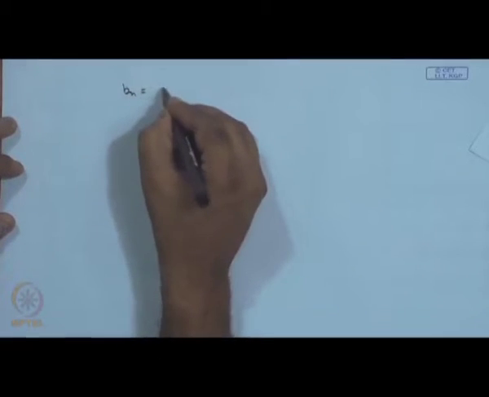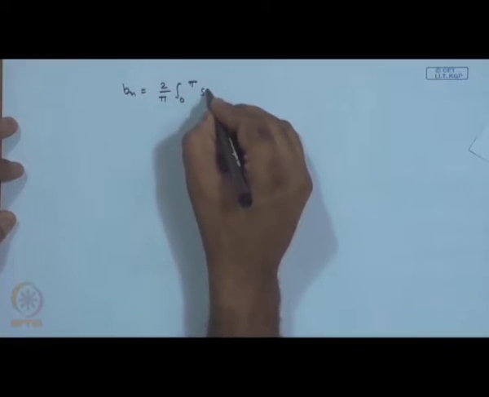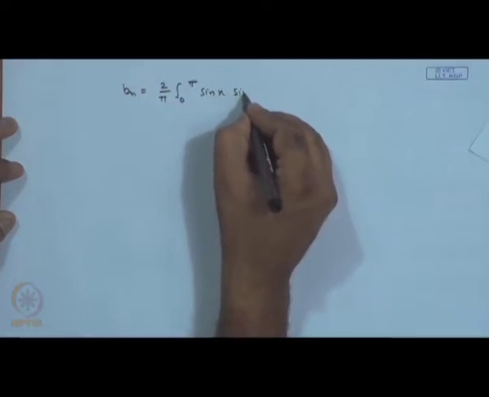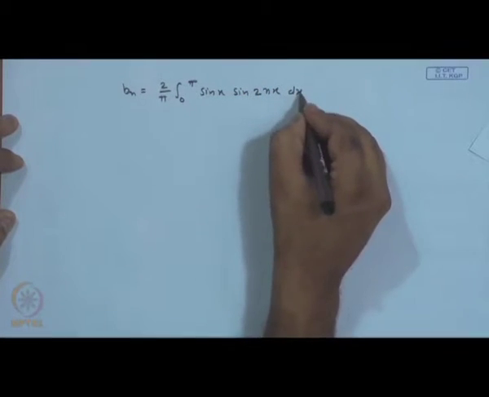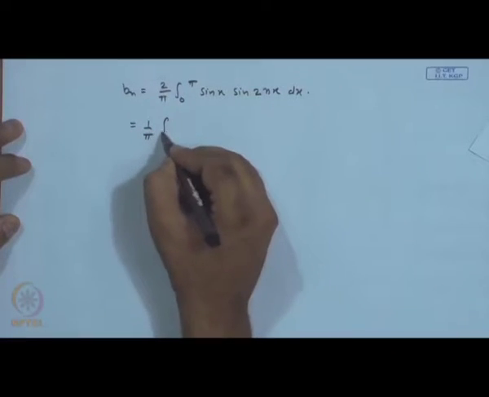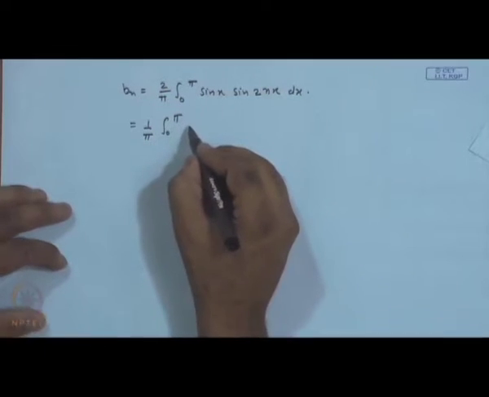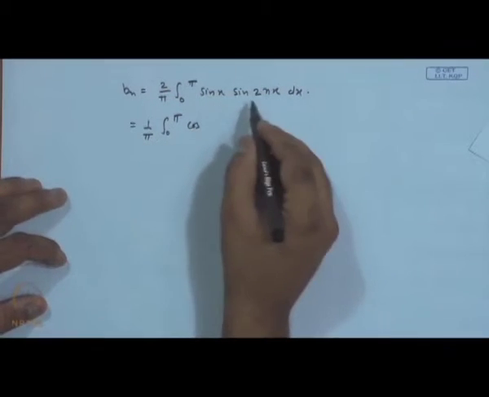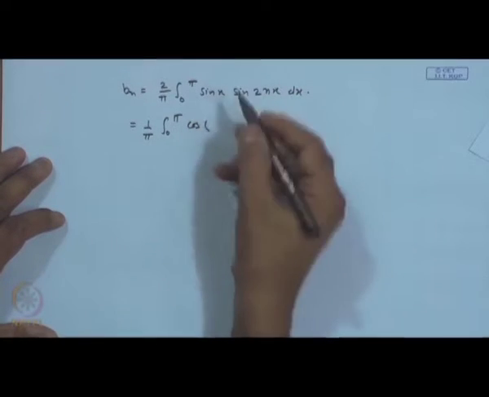So, now we calculate b n. We have 2 over pi from 0 to pi, and we have sin x and sin 2nx dx. Again we take 1 over pi from 0 to pi 2 sin x. So, sin a sin b, we have cos a minus b, or b minus a, it's the same.